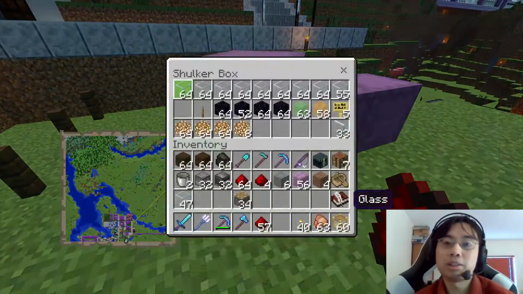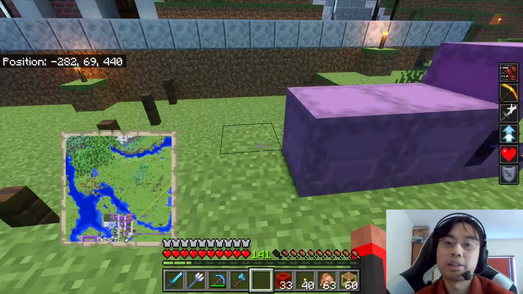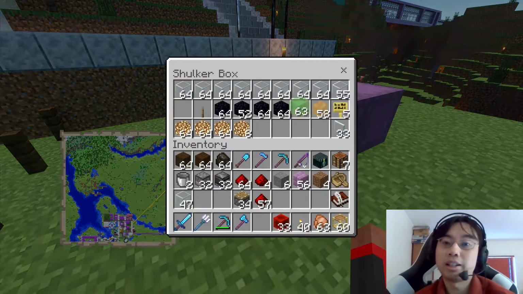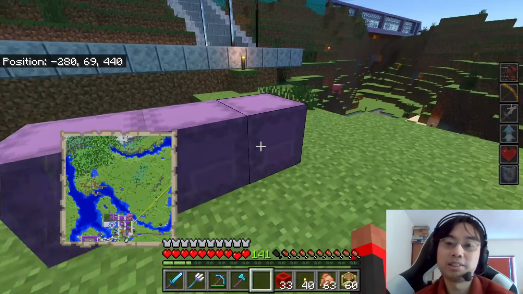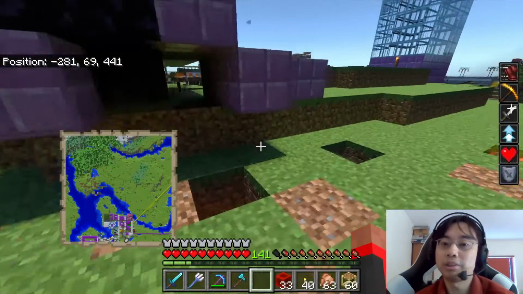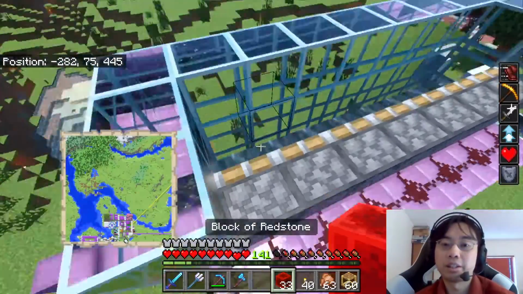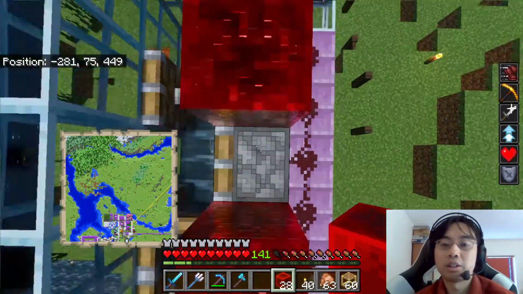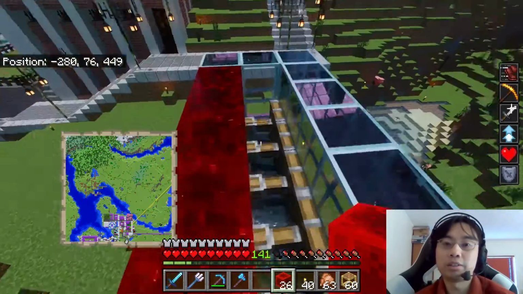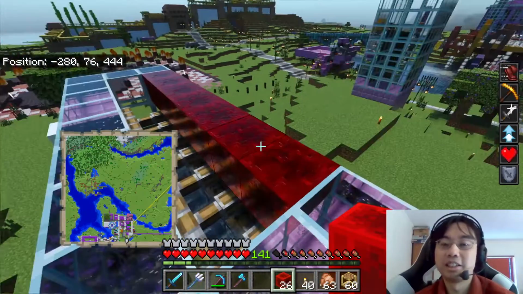Redstone blocks, but let's see how this goes for now. Redstone blocks. And then honey and slime blocks. And then pistons. I have pistons. Like, how do we activate these things with the lava right next to it, is the question.